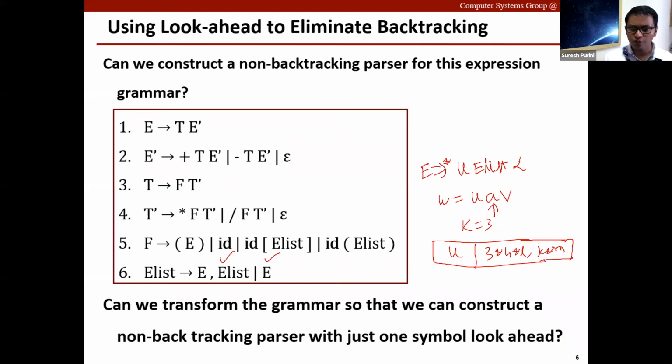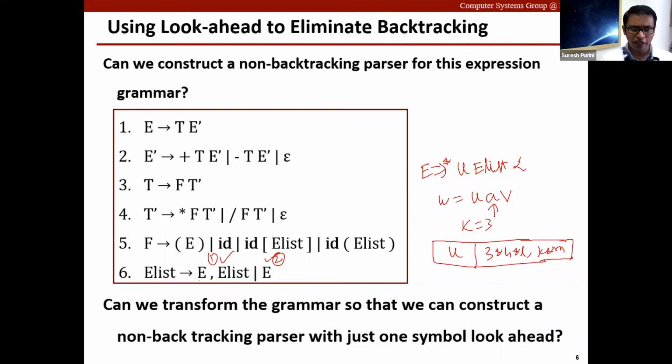So these are the two problems in this grammar in order to come up with a backtrack-free parser. No matter how many lookahead symbols we use, we are not able to resolve the choice between substitution rule 1 or substitution rule 2 for the non-terminal symbol E list.